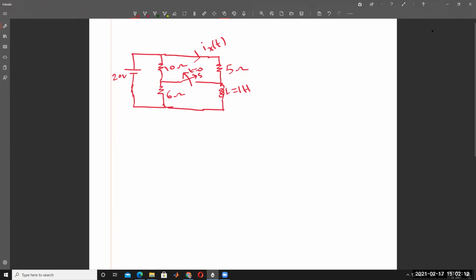So first one, what is the first one here? First one, VAB of 0 minus. First you have to understand what is meant by 0 minus.